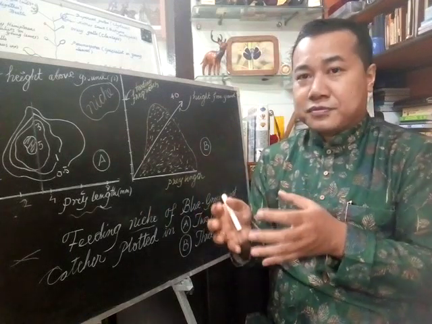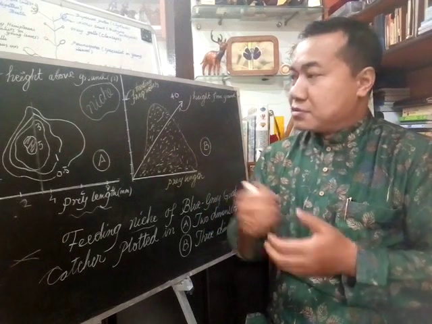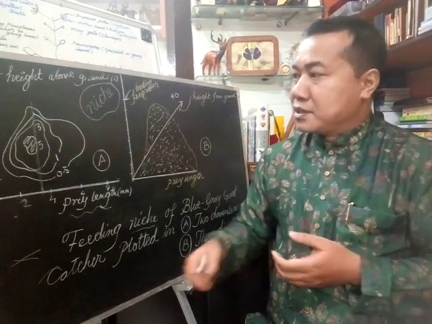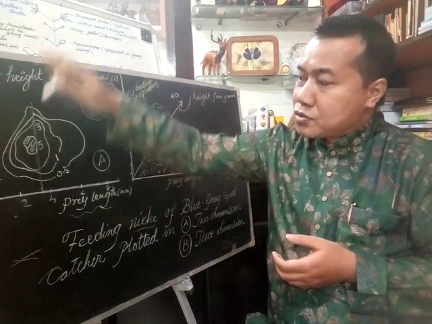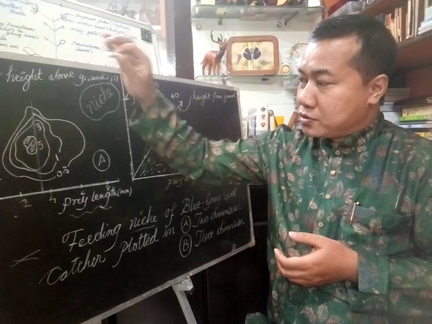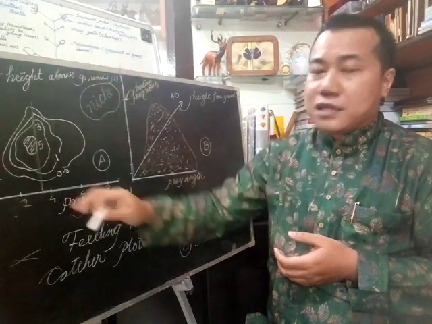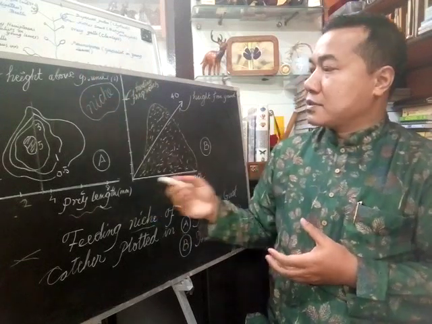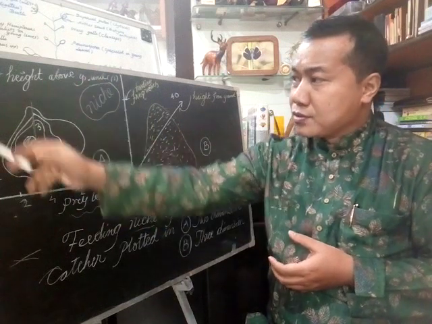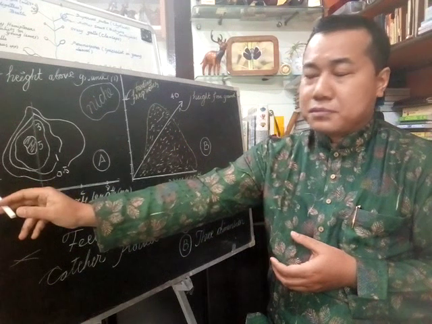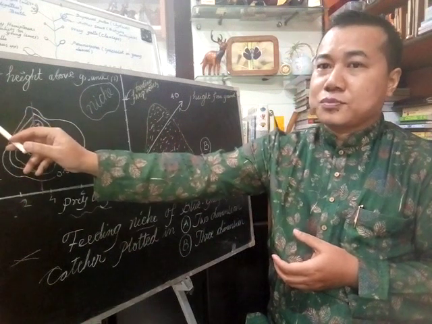So there's a lot of trial and error, and now the bird knows that it should be maximizing here. So when we draw the niche, when we illustrate the role of a particular organism, that is the bird, in this habitat, I can draw the niche by using two dimensions. At what height is this bird feeding?